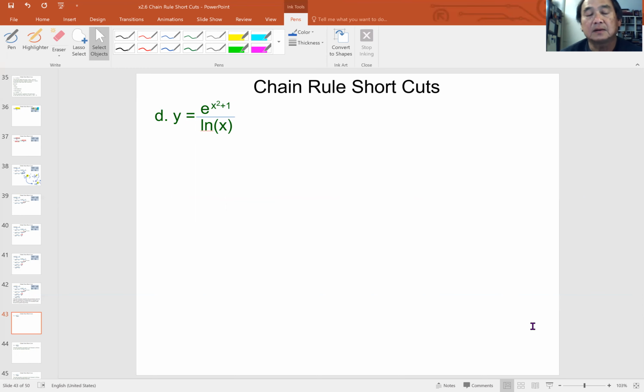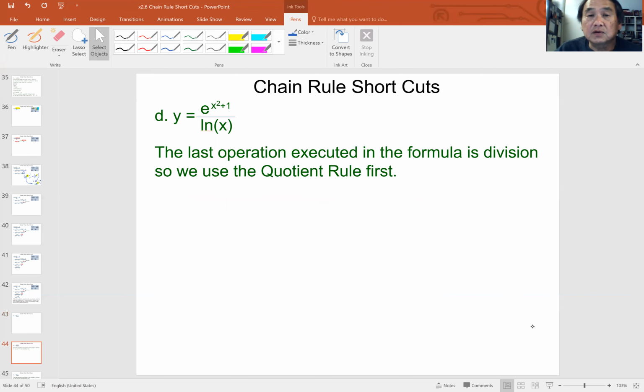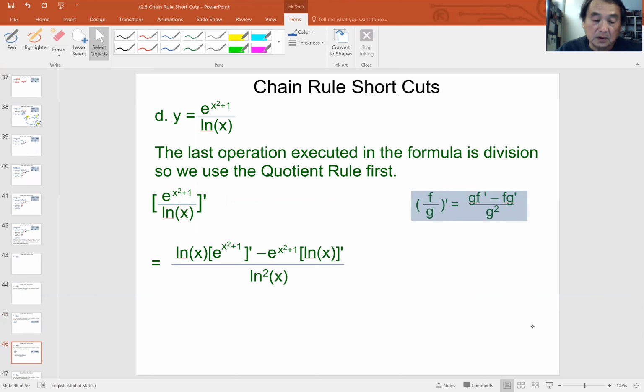So this one we will need to apply the quotient rule. As we work through the quotient rule, if I need to use other things like the chain rule, I have to use the chain rule. Here's the quotient rule: high d low minus low d high over low squared, and then I have to take a derivative of these. And when I come to that individual problem, it's a chain rule e to the u power problem.